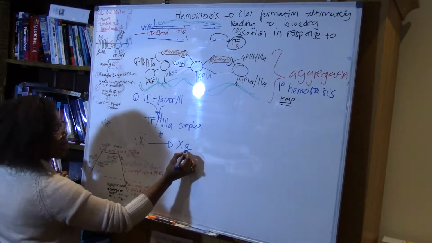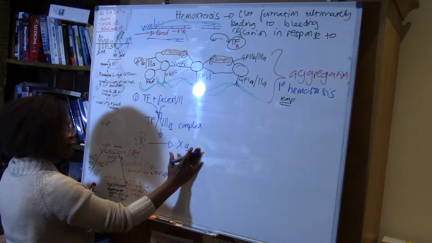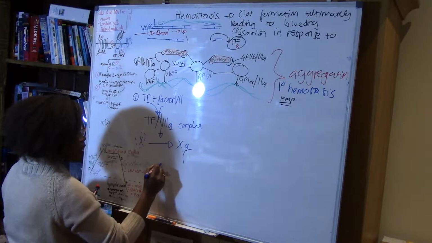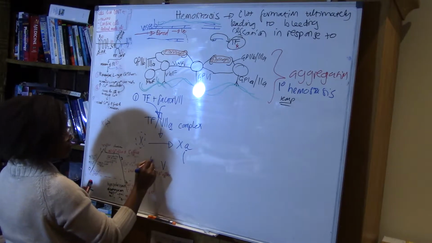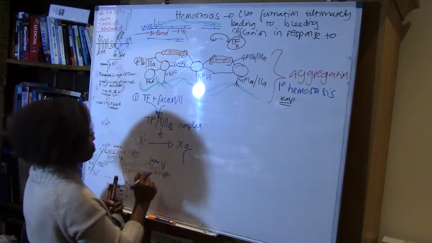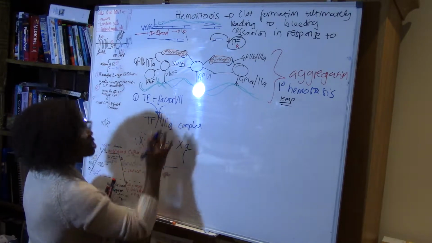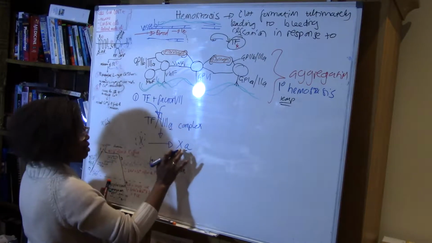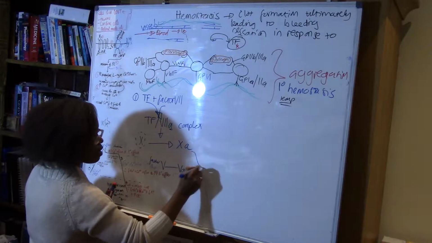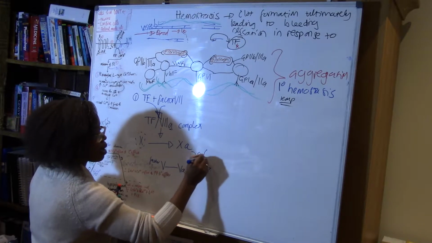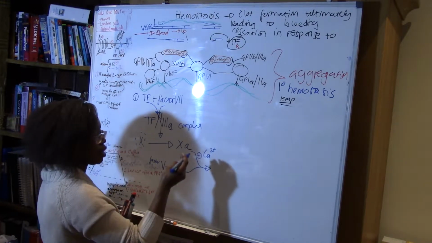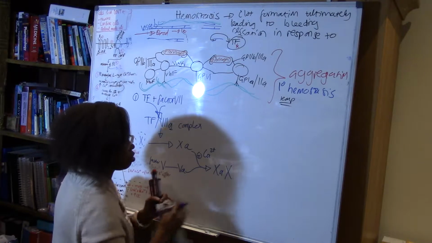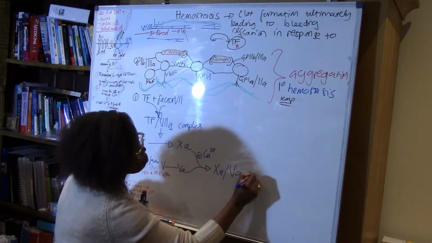So then we'll have active factor 10. Active factor 10 and factor 5, secreted by platelets and activated into 5A, will merge together under calcium as a coenzyme and form the factor 10, factor 5 complex.